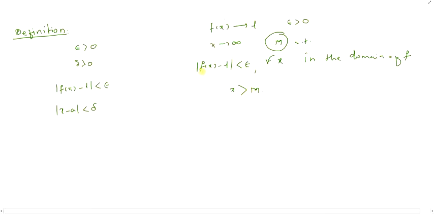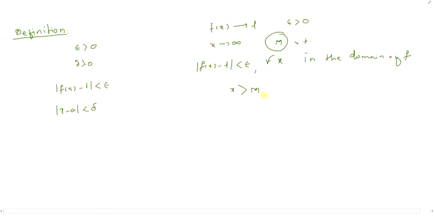So students, mod of f(x) minus L is less than epsilon for all x in the domain of f. Domain of f means where the values of x lie, or the set to which the values of x belong is called the domain of f(x).